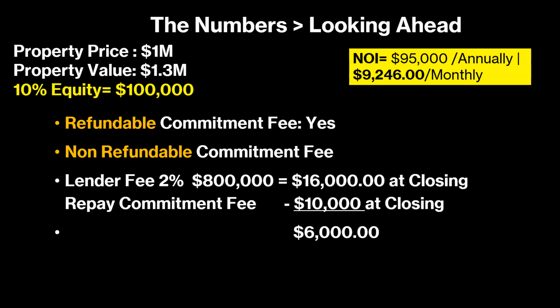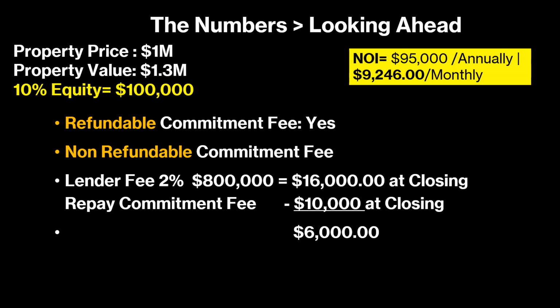We're not 1%ers. We get 2%. In this case, 2% of the $800,000 is $16,000 that I get at closing. All right? And I got $10,000 in this case to start. So at the closing, I give the $10,000 back. You feel me? Okay. And I leave the closing with $6,000.